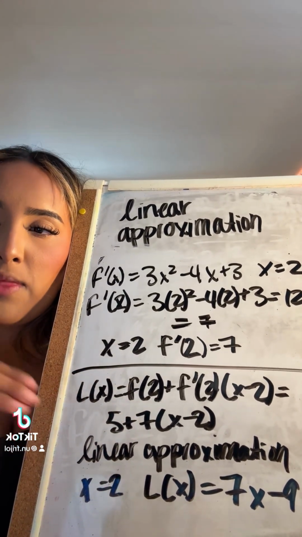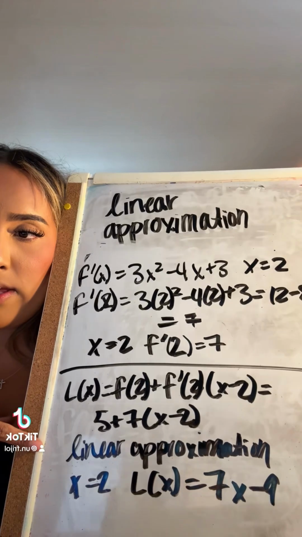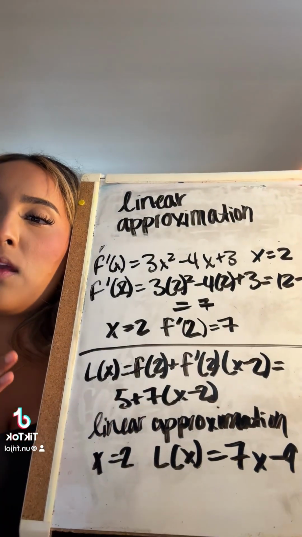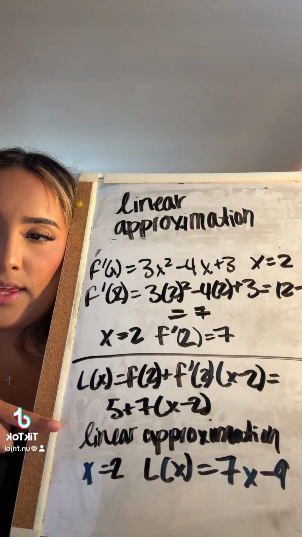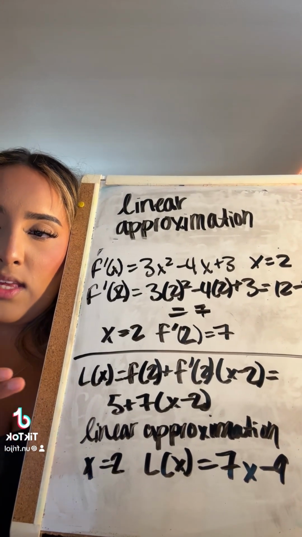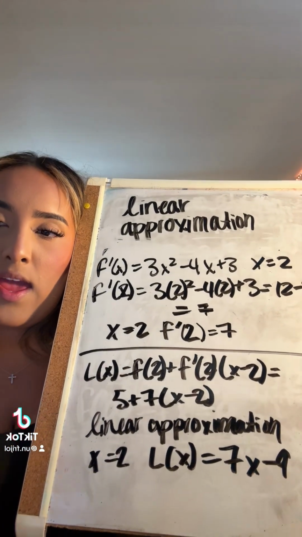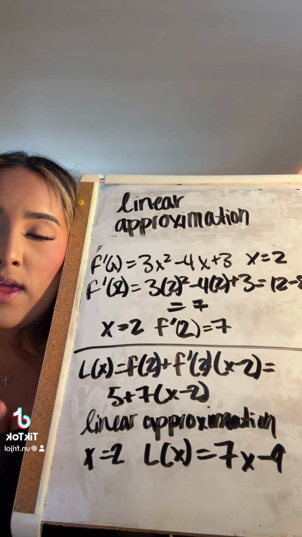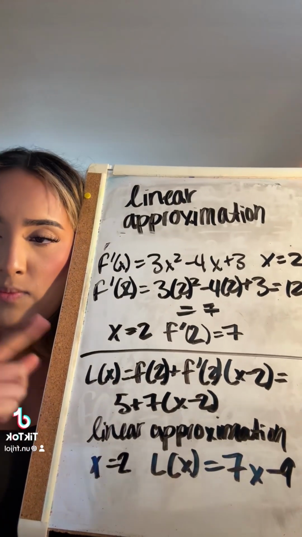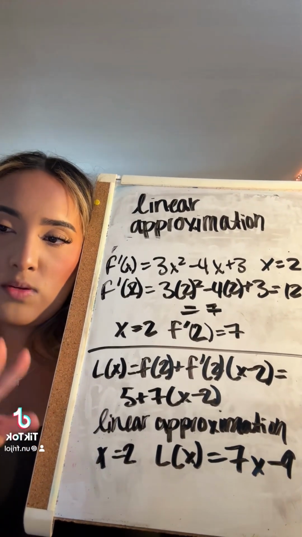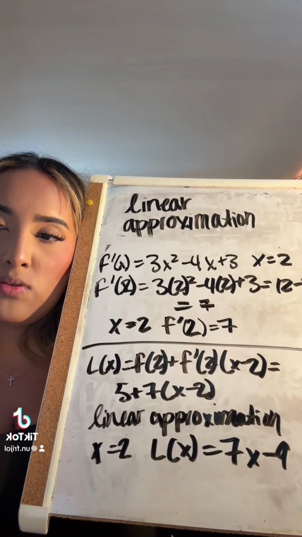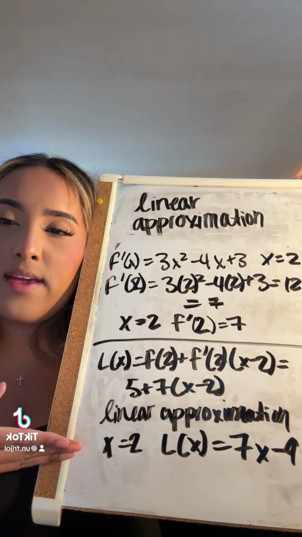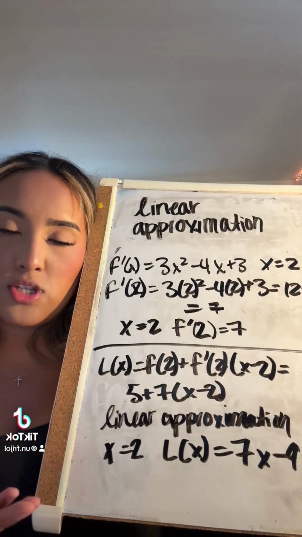When we apply it to the linear approximation formula, we input the 2, and then we are left with L of x equals 7x minus 9. And the linear approximation for f of x, which is what we started off with, x cubed minus 2x squared plus 3x minus 1 near x equals 2, is L of x equals 7x minus 9.